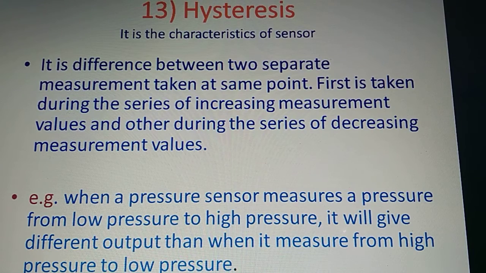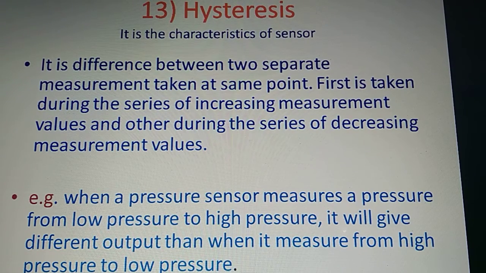Let me explain more clearly. Let us consider we have a hysteresis graph, and the lower point is A, from which the measurements are increasing, and once the highest point is achieved, then the measurement readings will go on decreasing.